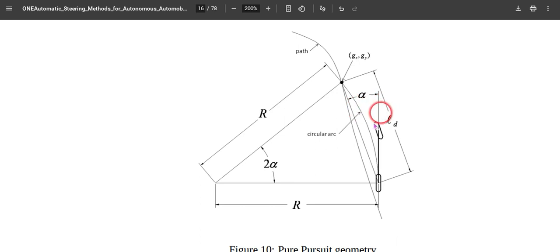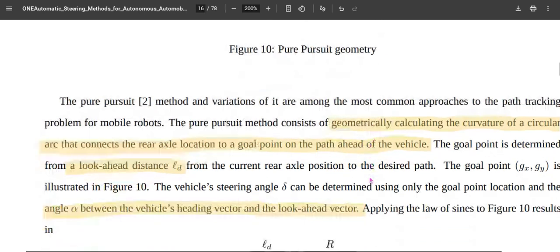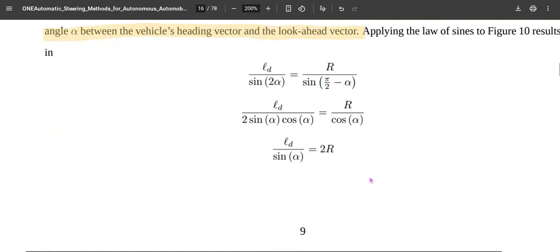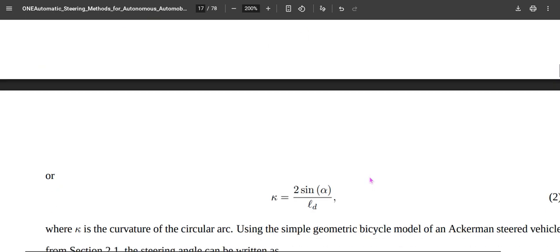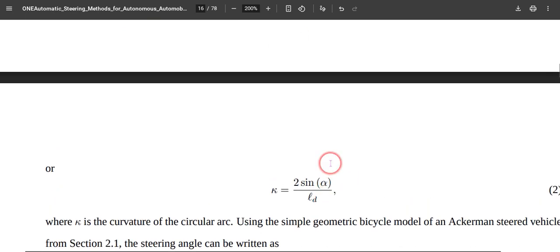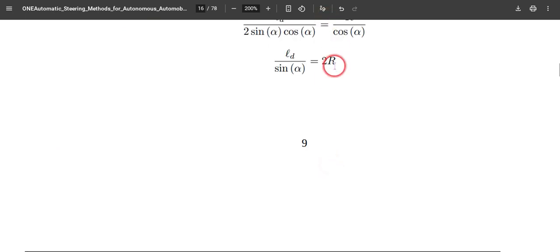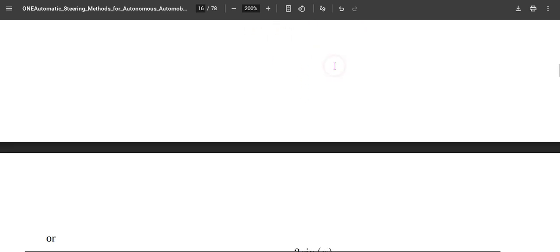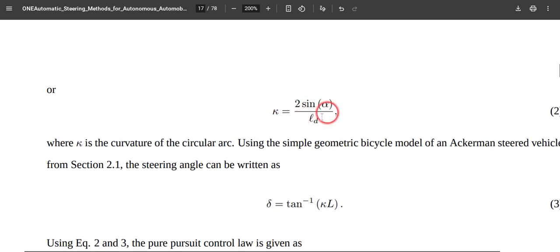This difference between the look ahead angle and the orientation of the vehicle is defined as alpha, also called the heading error. And finally, 1 by R is the curvature of this arc, and this gives you this relationship.